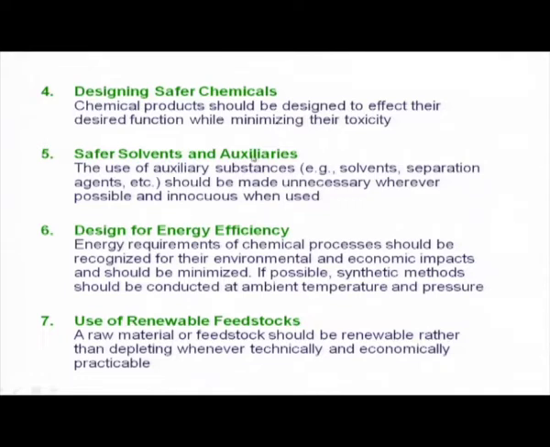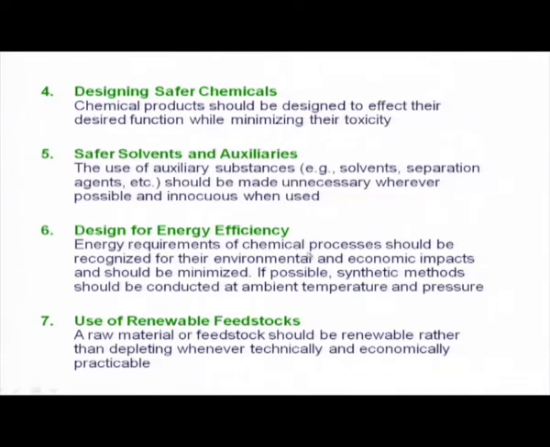This is the fifth principle, safety of the solvent. For the solvent also we have to see if possible no solvent or aqueous solvent, and organic solvents should be avoided, especially toxic chlorinated solvents should not be used in this type of synthesis. The sixth one is design for energy efficiency.